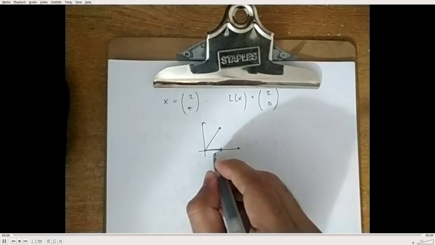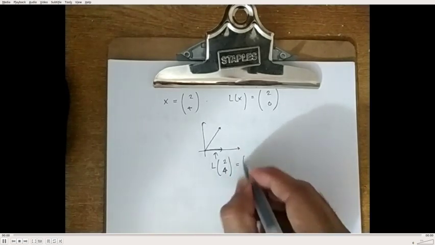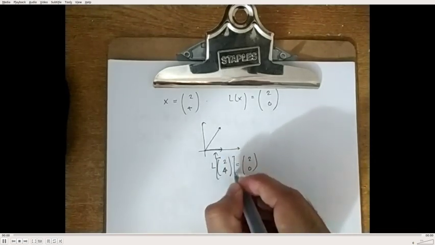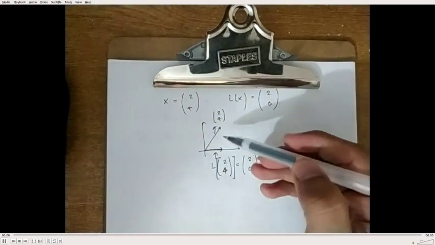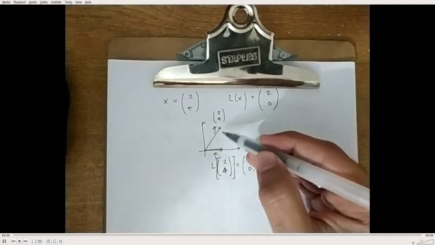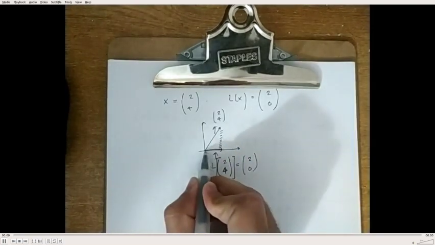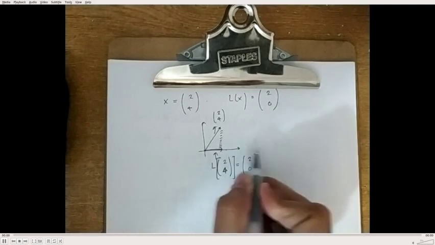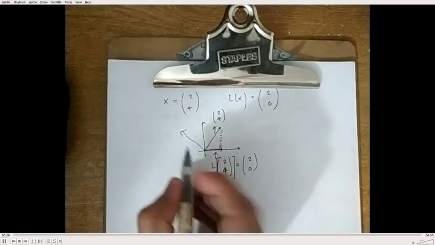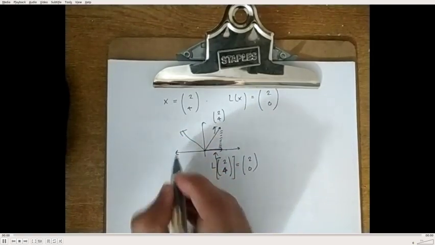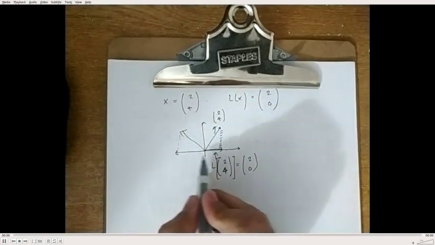So this is L of (2, 4), which is basically (2, 0), and this vector is (2, 4). So whatever vector you have, its y component gets removed, and you have a flat vector on the x-axis. For example, if you had a vector like this, its linear transformation will be something like this. Its vertical component will die away, and you will have just the horizontal vector.